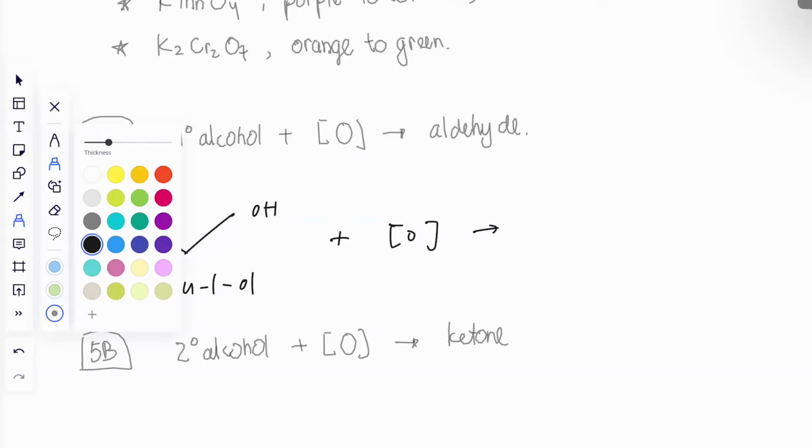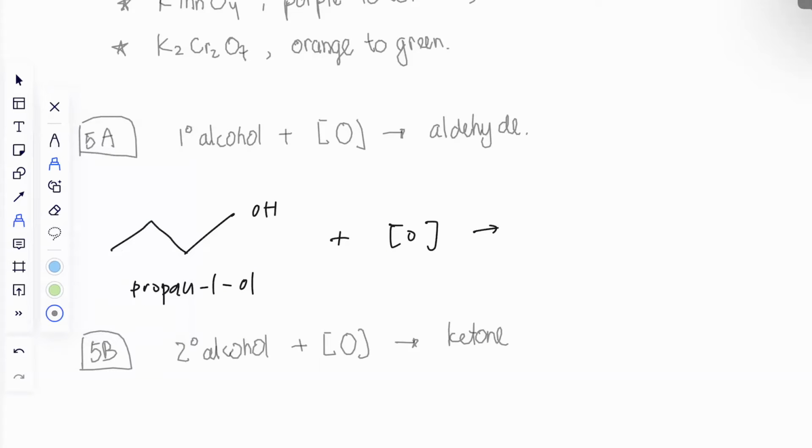Very simple. You're going to get propanal. This is an aldehyde.